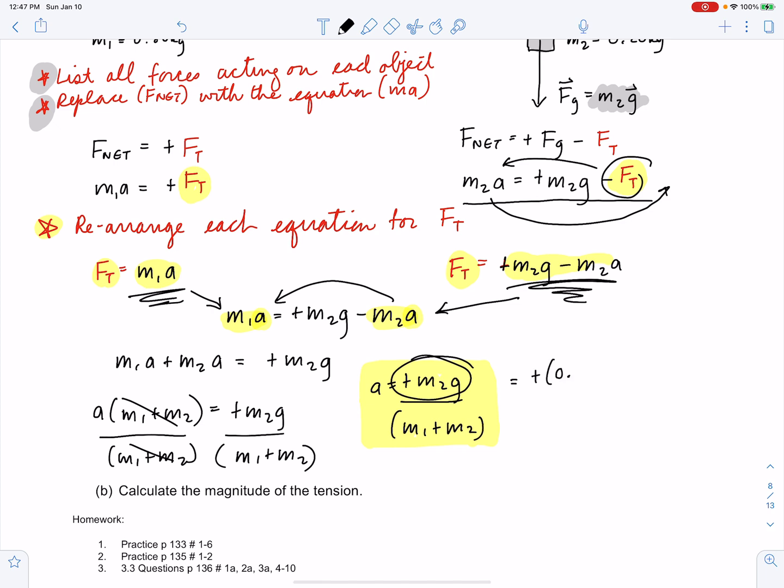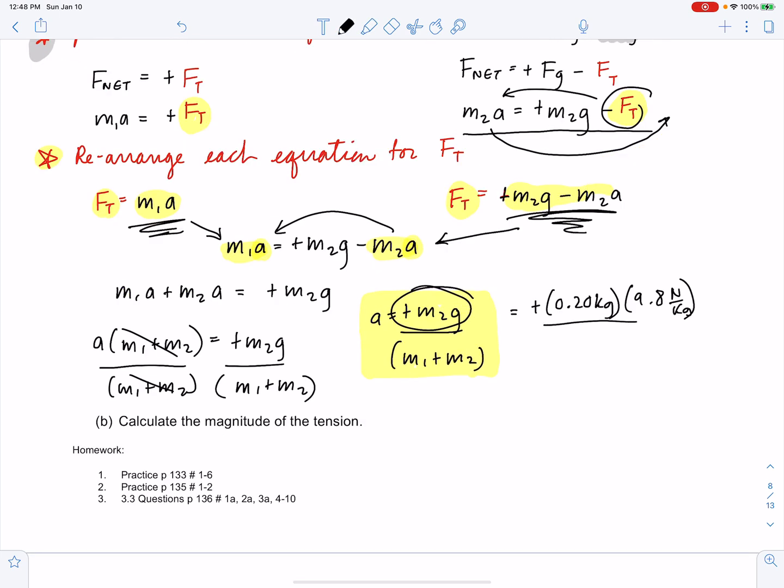So M2 was 0.20 kilograms and G was 9.8 newtons per kilogram. Notice I'm not putting direction in because we put direction up top. We assigned a plus or a minus for the direction. Remember when we did this up here? That's when we indicated direction. If you were to put a direction in at this point, you would actually contradict yourself. You would flip the direction because you put direction in twice.